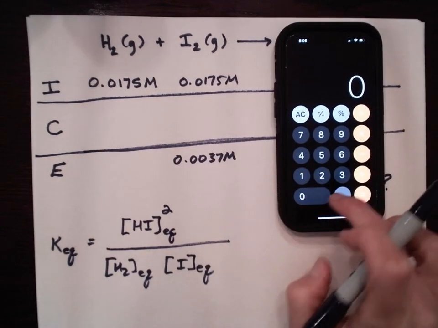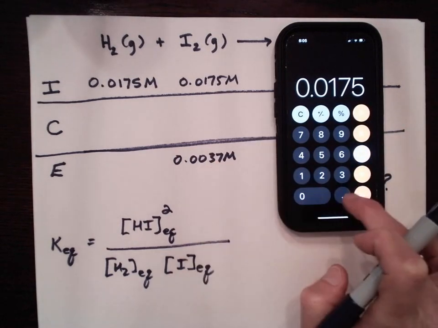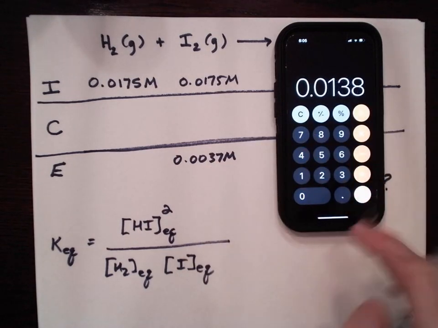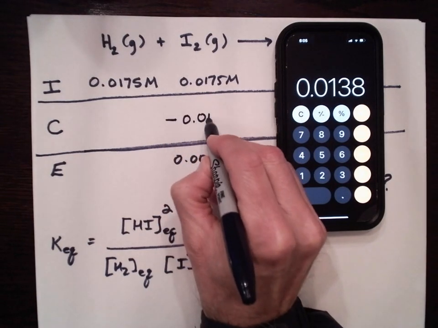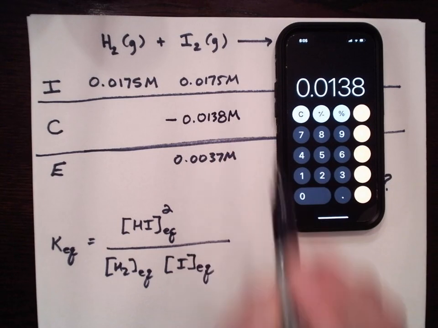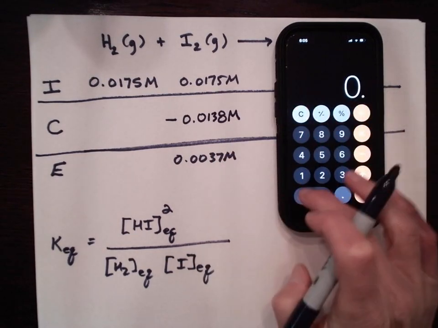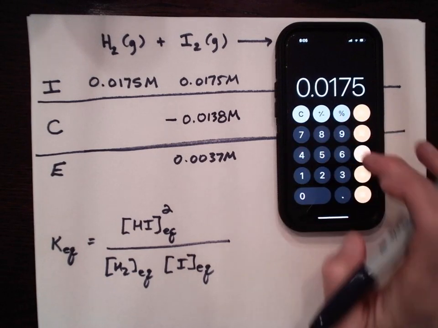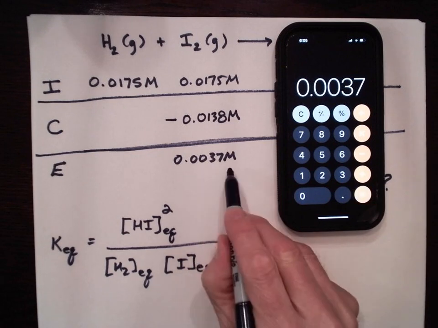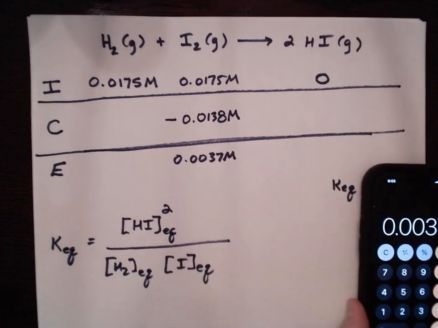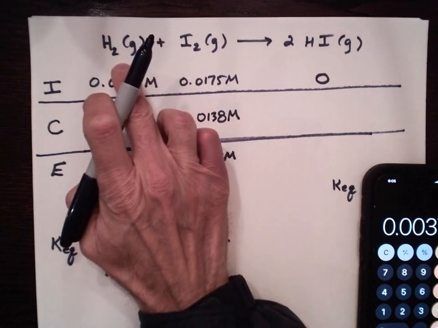If I take 0.0175 molar iodine and I subtract 0.0037, we know that the iodine must have lost 0.0138 molar, right? Because 0.0175 minus 0.0138 is 0.0037.